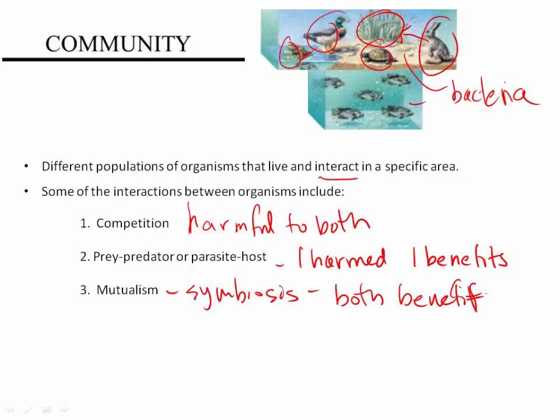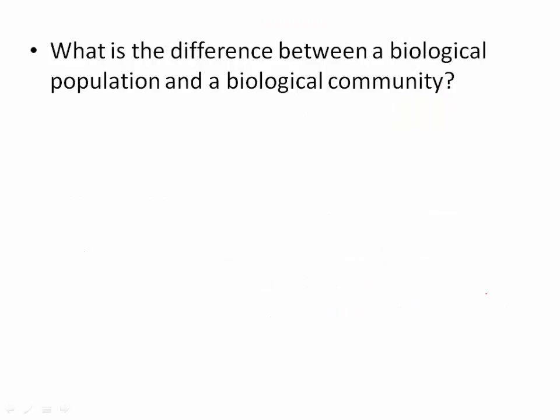So I would like you to take a moment and answer the next question that's bolded, which is, what is the difference between a biological population and a biological community? There's the question there. You could also say ecological population, ecological community.